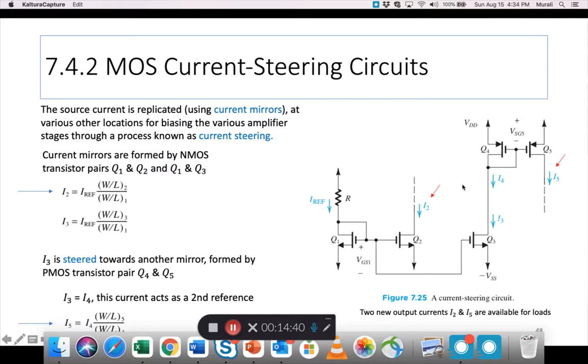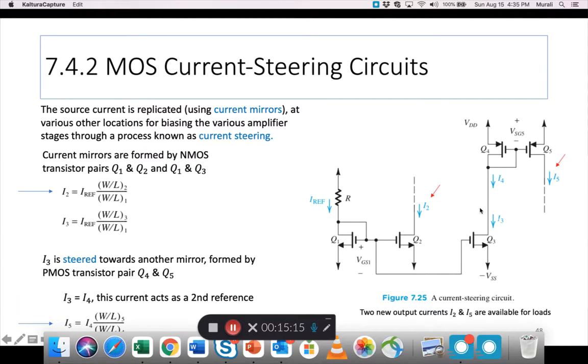Now, what else have we done? Not only have we introduced this Q3, but the Q3 is now connected to Q4 and Q5, which is one more current mirror. And this I3, remember this I reference for Q1 that then duplicates into I2. Similarly, for this Q4, this I3 behaves like an I reference.